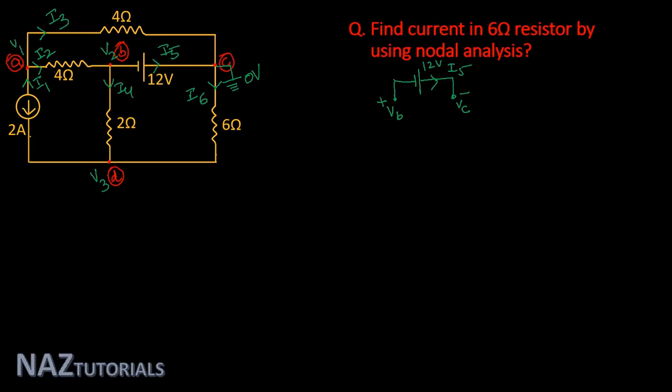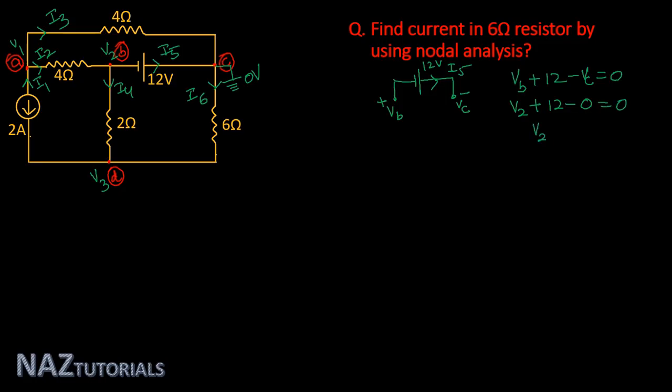So here you can write the equation VB plus 12 according to current direction minus VC is equal to 0. Here VB is V2, plus 12, minus VC, which is 0, is equal to 0.